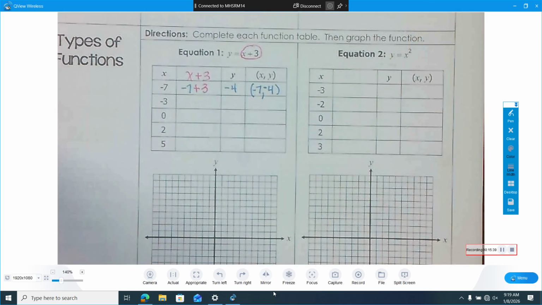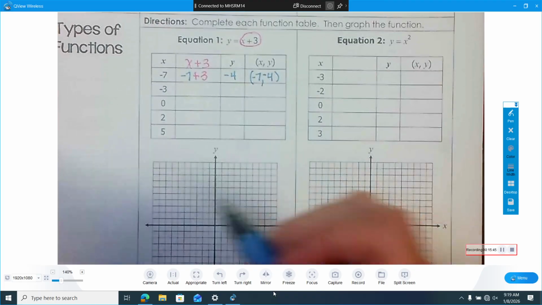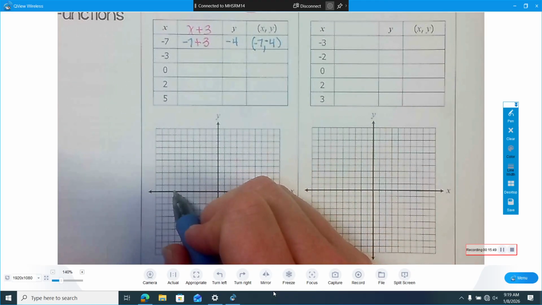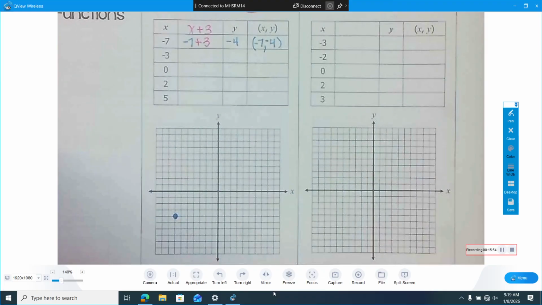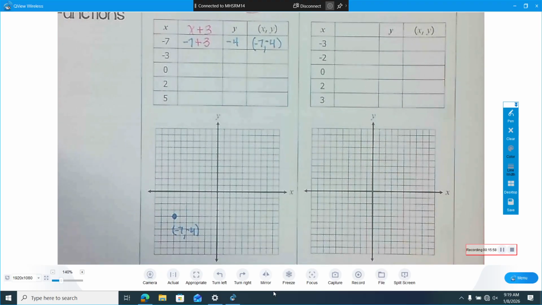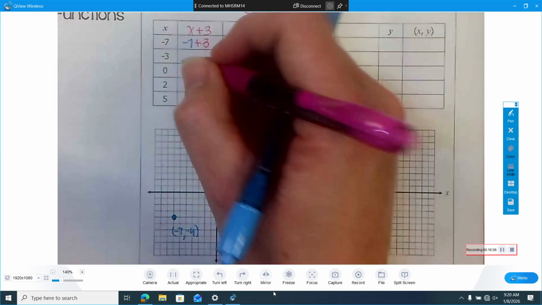And now we're actually going to go ahead and graph that and see what shape it makes. Let's see, where is -7, -4? 1, 2, 3, 4, 5, 6, -7, and down 2, 3, 4. So here is -7, -4. All right, what am I going to plug in next? -3, good.